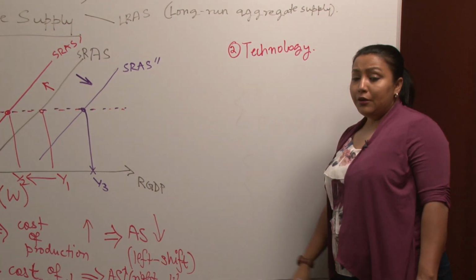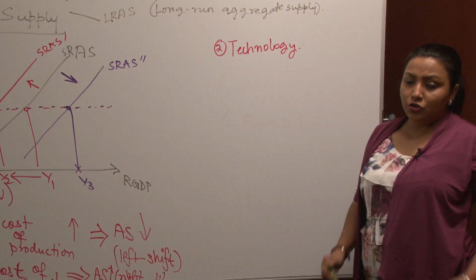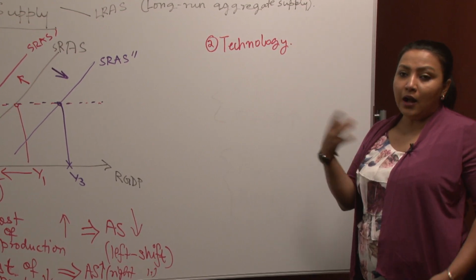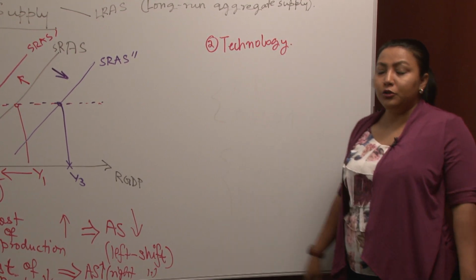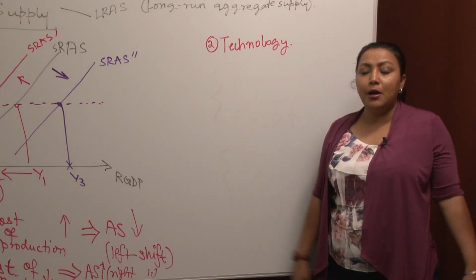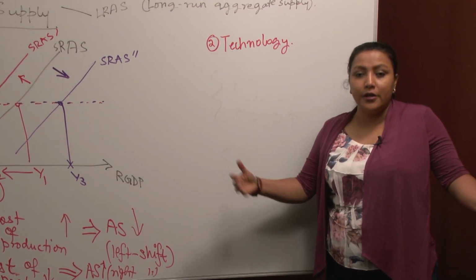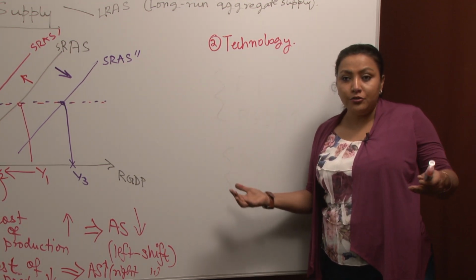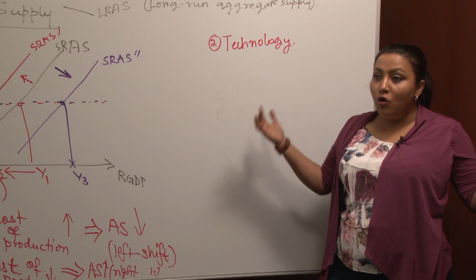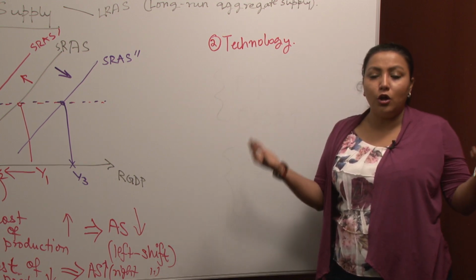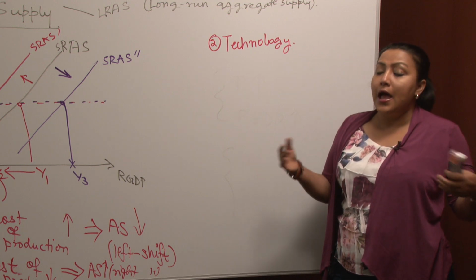Okay. If there is an overall improvement in technology in the country, for example, let's say a developing country has suddenly imported better technology from another developed country, that means the overall technology of production in the country has improved.